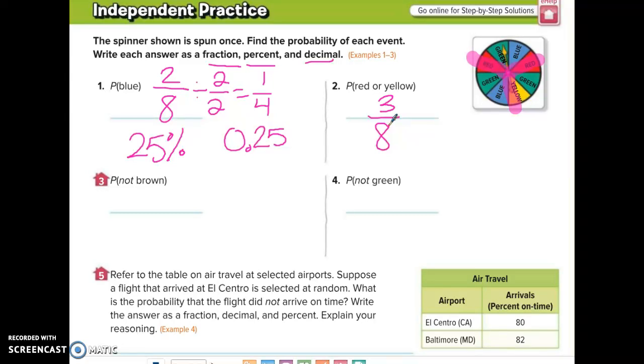If I type in 3 divided by 8 into my calculator, I get 0.375. If I'm rounding it to the nearest hundredth, my 5 tells my 7 to go up, so I'd round it to 0.38, and then I'd write it as 38%.